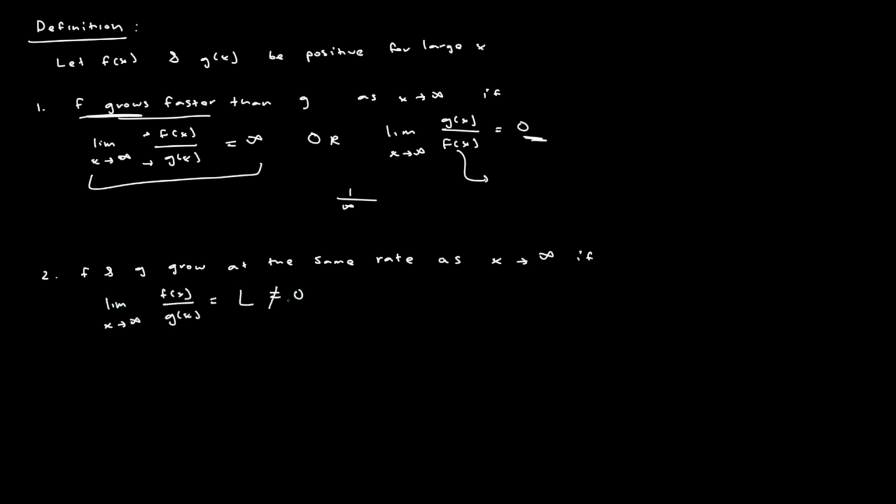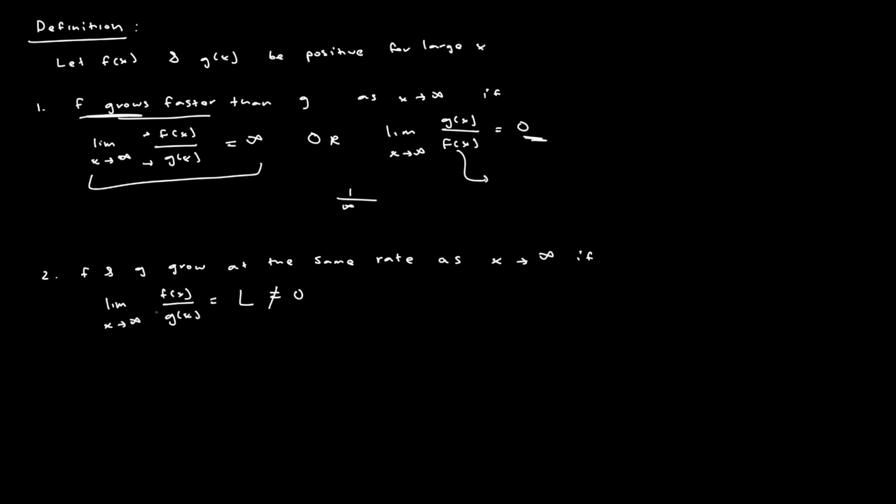Because if it was equal to 0, that means g would be growing much faster than f, right? But if the limit is equal to some constant, then in the limit as we go towards infinity, the quotient will become a constant, and so one function is not growing at a much faster rate than the other function.